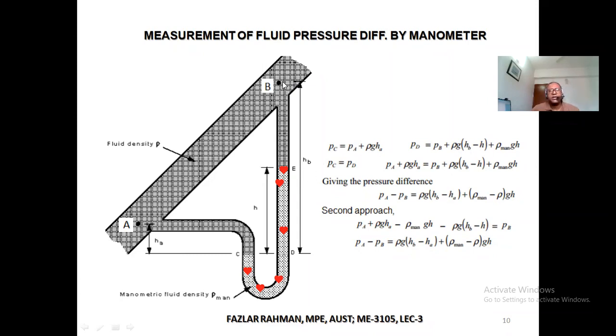So easily you can figure out this height from B to point D, right? HB minus H.